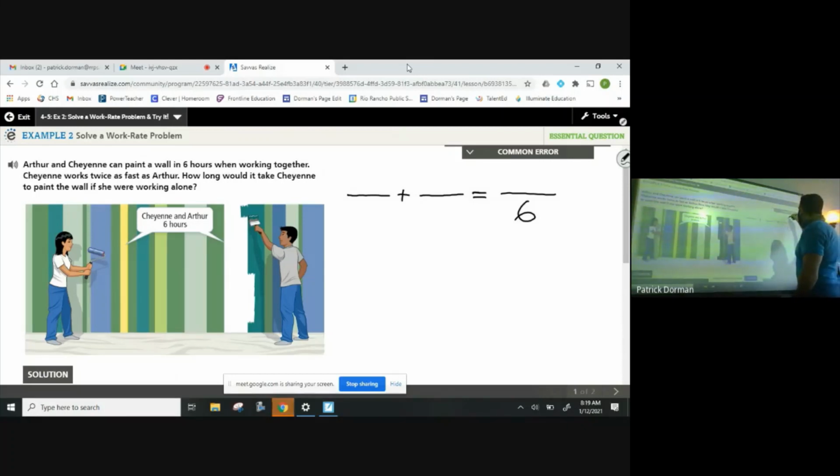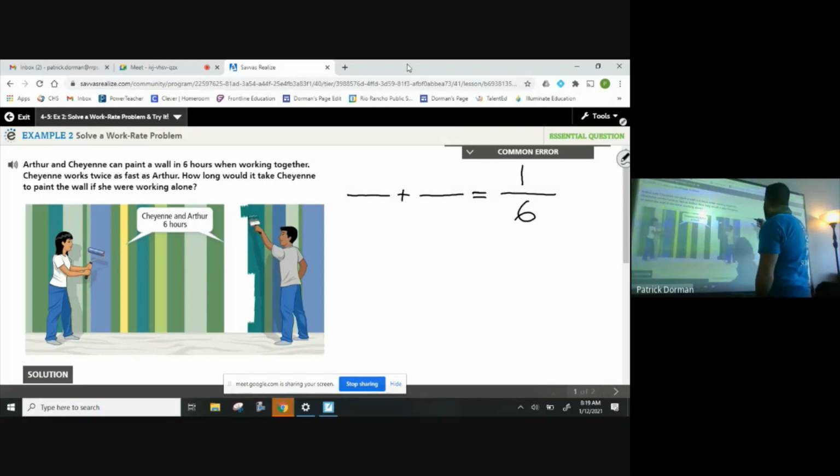So how much of the work do they get done in 6 hours? All of it. They get one wall done, okay? One wall done in 6 hours. All right. So how long will it take Cheyenne to paint the wall if she were working alone? So I think that means that Cheyenne's work rate is our variable, right?